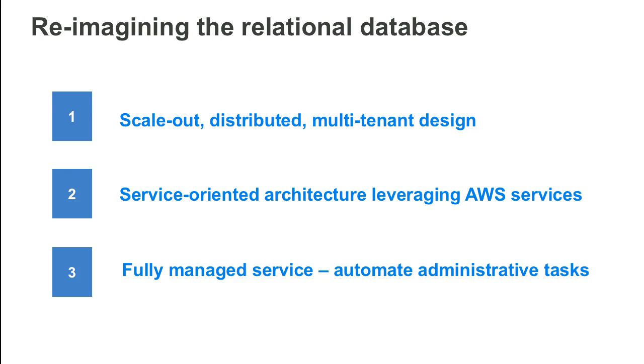And in our case, not just is Aurora implemented using multiple internal services, Aurora actually relies on other AWS services as well. So I'll talk about some of that. And finally, a big part of a managed service is that it's fully managed and we can automate a lot of the painful administrative tasks.